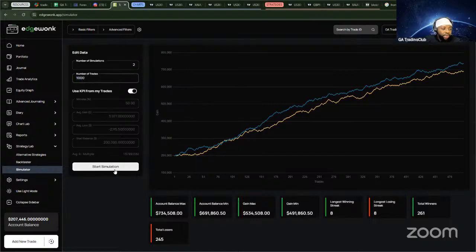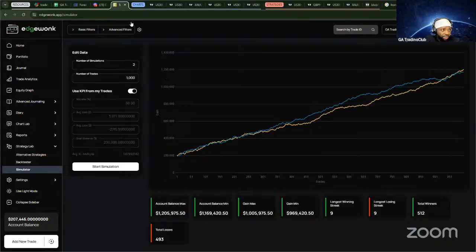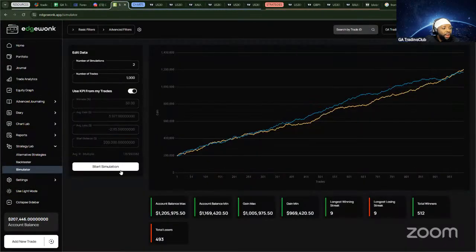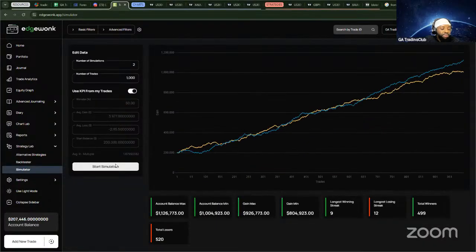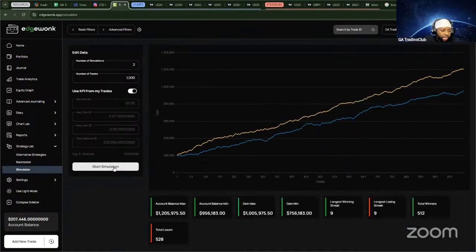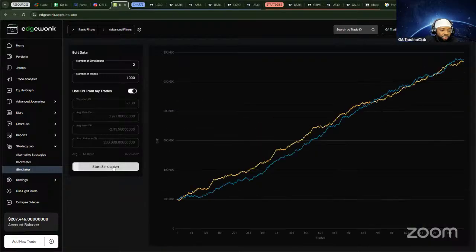And you can see here, for the next 1,000 trades, you can build a 200K account to a $1 million account in 1,000 trades, right? Regardless, if I keep simulating, you can see the account balance is the same.